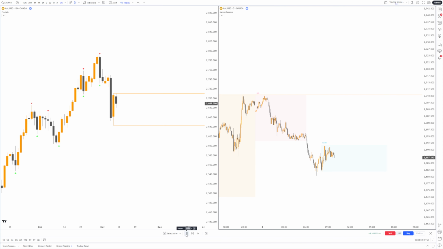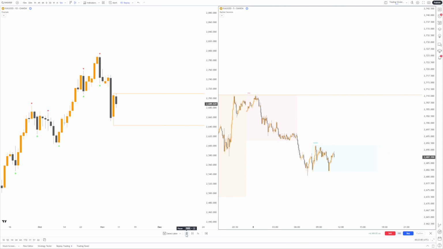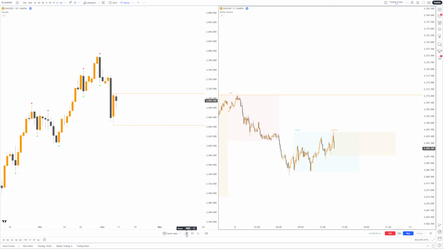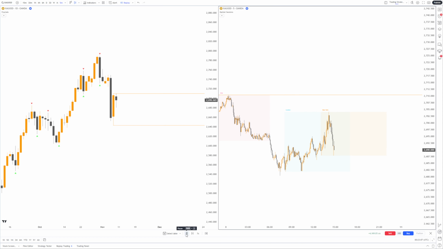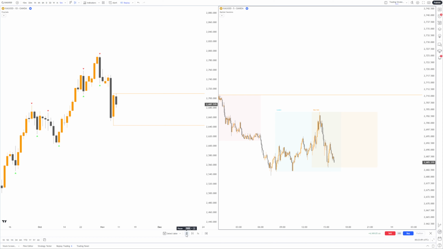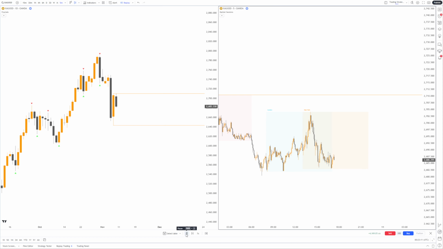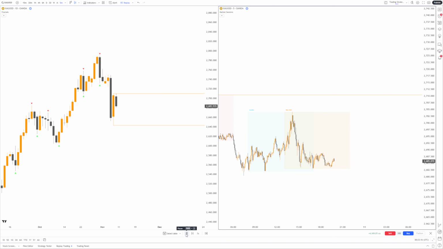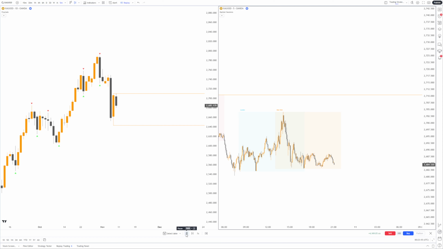So we are in the London session. We're waiting for this to New York session. Even on the New York session, it didn't get to our high. Up until it hits a high, we're not going to take any trades.